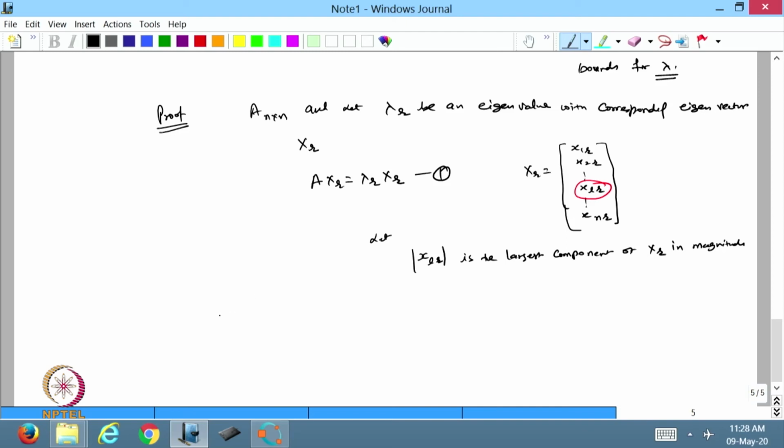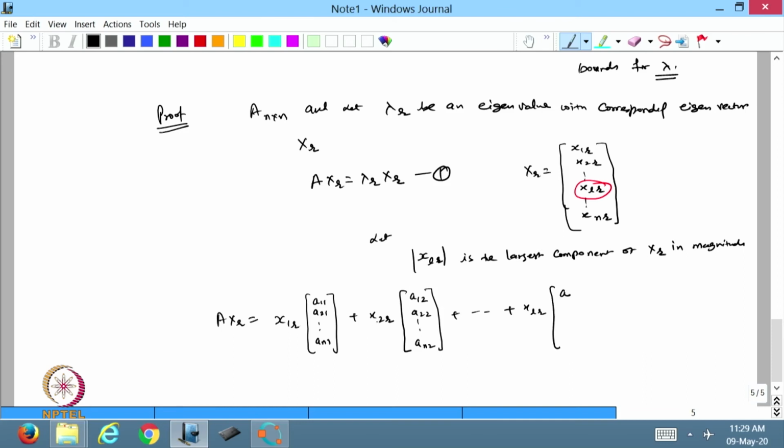So, I can write A x r as x1r times the first column of the matrix, A11, A21 up to An1, plus x2r times A12, A22 up to An2, then x l r times A1l, A2l up to Anl, because L is the largest component we have taken, and in the end x n r times A1n, A2n up to Ann.